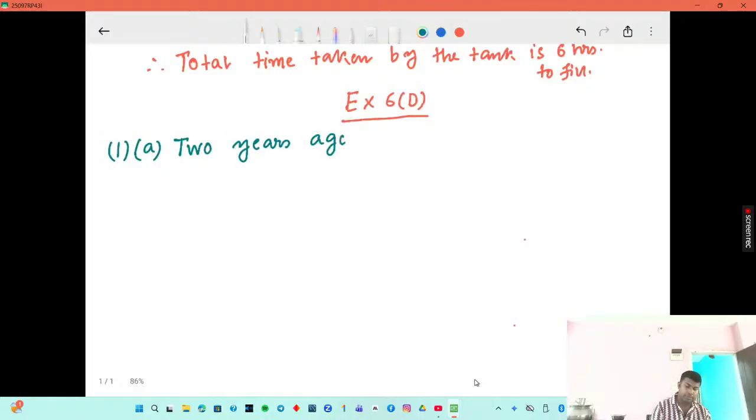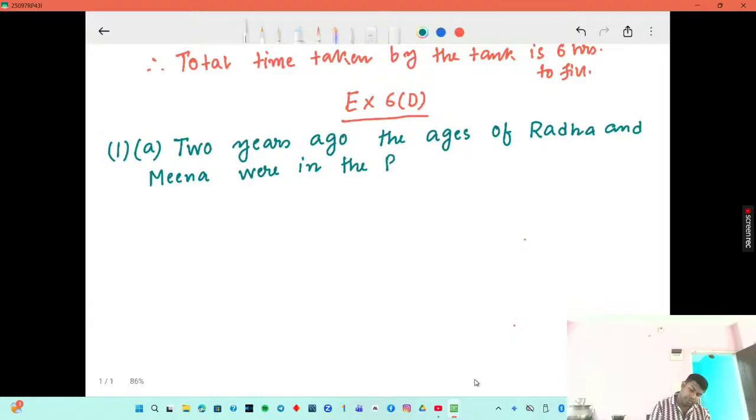Two years ago, the ages of Radha and Meena were in the ratio 5 is to 2.